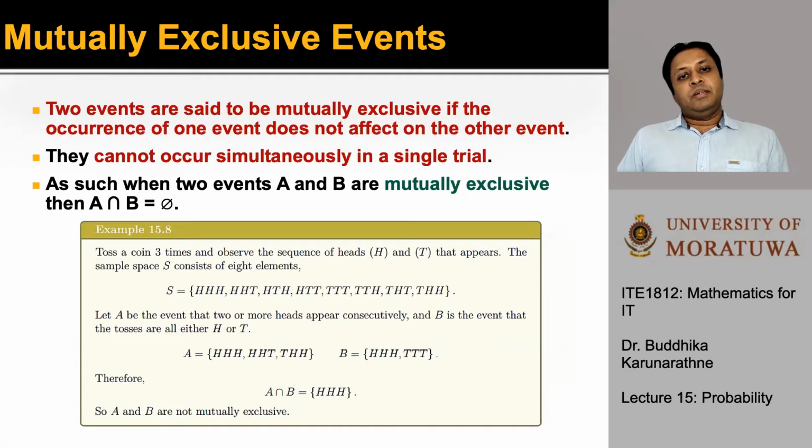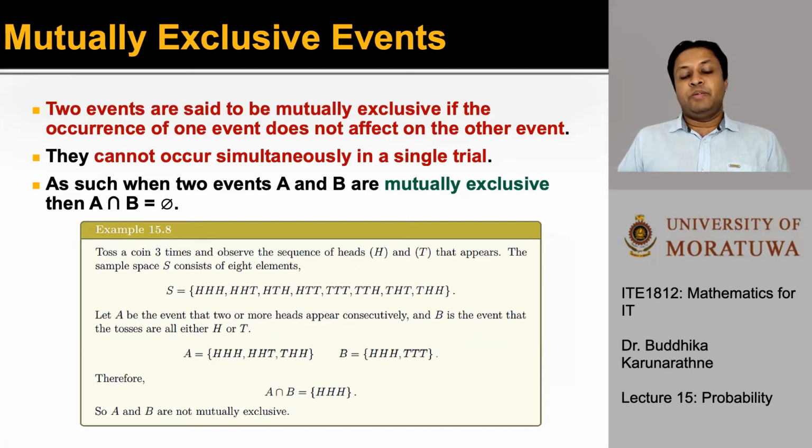So now we introduce mutually exclusive events. Two events are said to be mutually exclusive if the occurrence of one event does not affect the other event. So they cannot occur simultaneously on a single trial. So if that is the case, we call them mutually exclusive events.